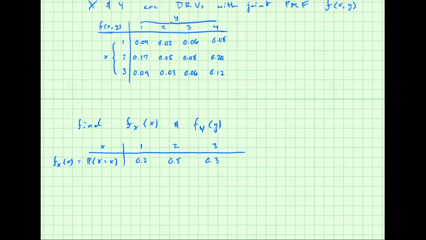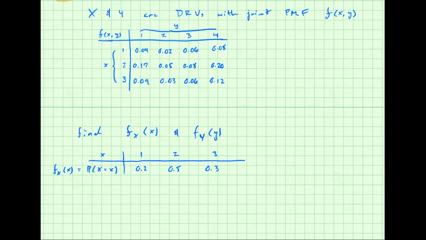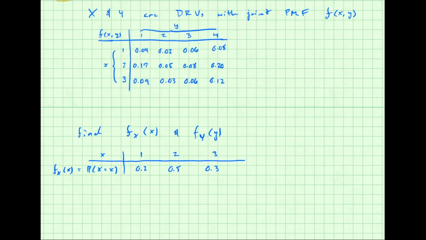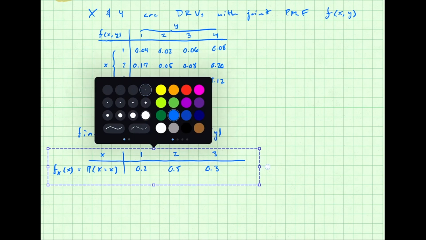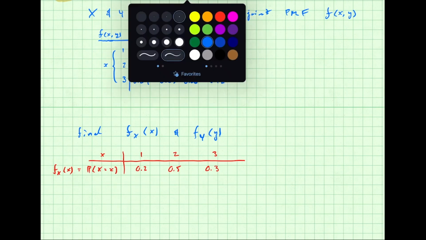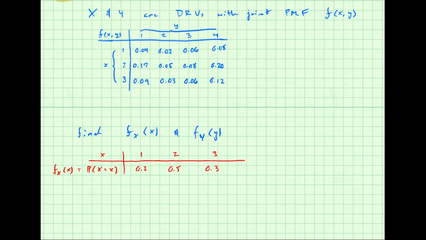And if you did this, so what you normally would do, let's do the following. Sorry, I'm going to make these red. And on the side over here, I'm going to put in red those values. So 0.2, 0.5, and 0.3.